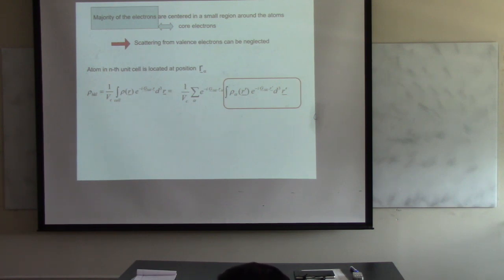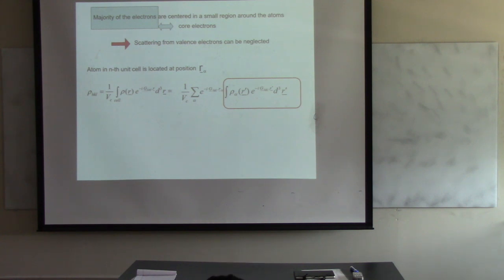Now it's become only a function of r'. This is only because this is constant, right? So that's it. Now if you write this one, I promise you this is the only integral I'm doing. So now you can write this rho_G as what?